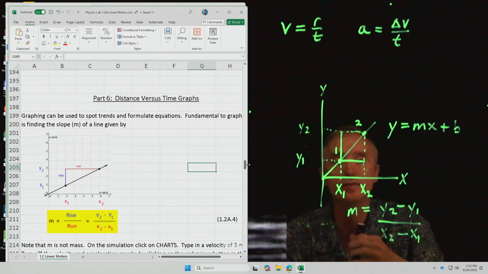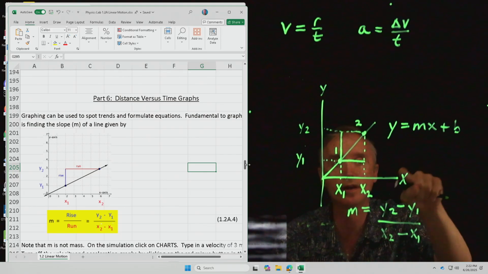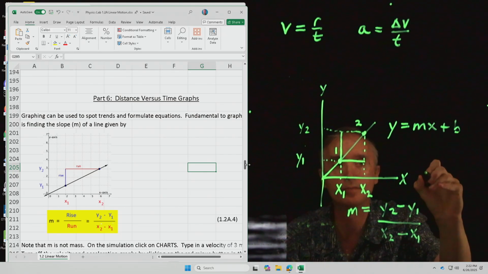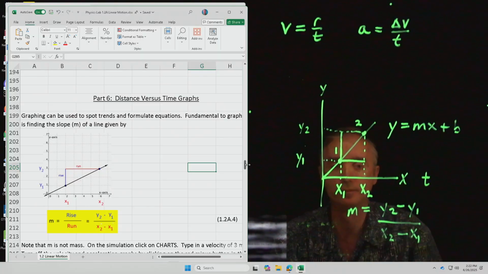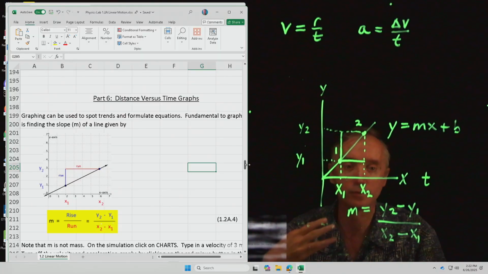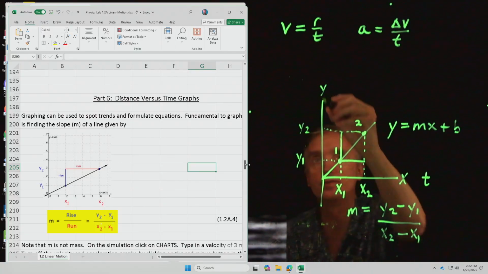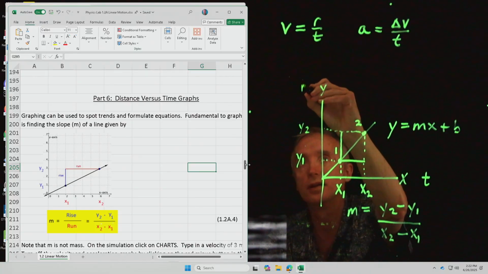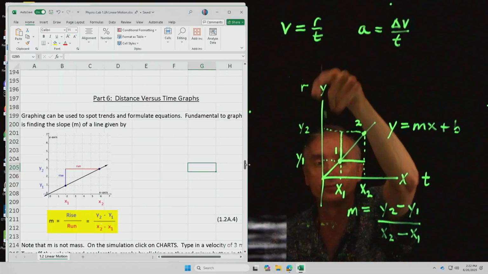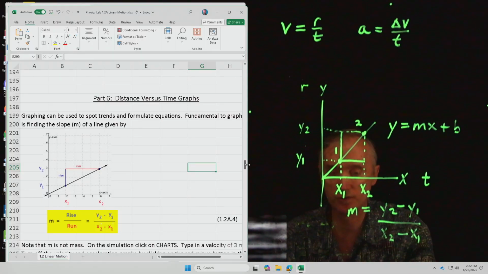So going sideways, instead of the letter X, it's going to be T for time, the time that elapses. And then our first graph that we're going to make is a distance versus time graph. So distance, R, is going to be the up and down part. And we want to be able to calculate the slope of a distance versus time graph.